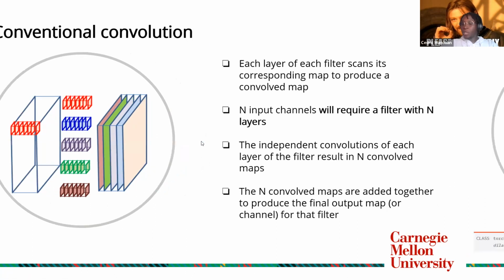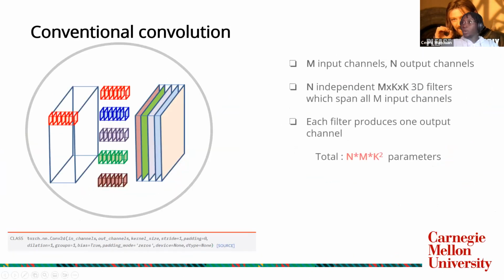The challenge with this operation is the number of parameters that are required for you to perform convolution. Using this 2D input image, you have this total number of parameters that are required for you to get your convolution results.